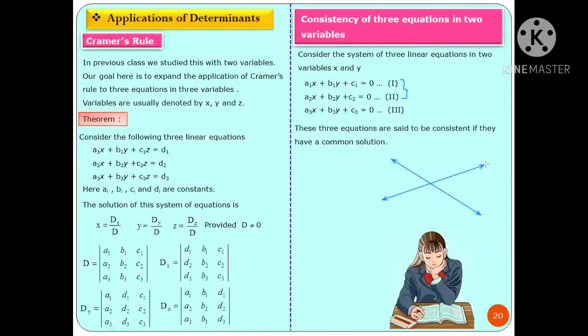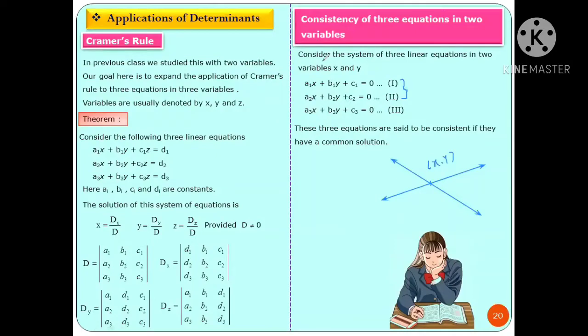These two lines intersect somewhere in the plane. You will get a point of intersection, and that point gives the values of x and y. This x and y is obtained from the first two equations.